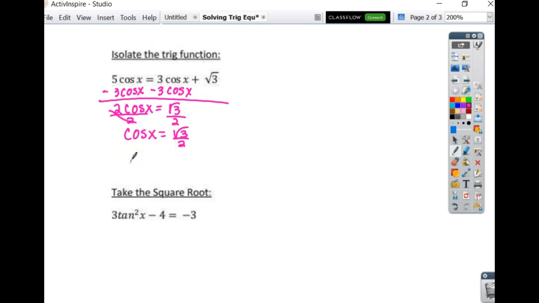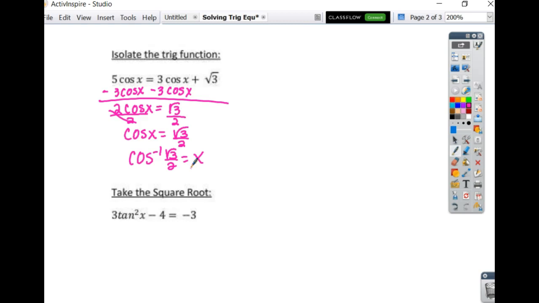So if I want to get the x by itself, what's the inverse of the cosine? So what I want to know is, where is the cosine equal to the square root of 3 over 2?